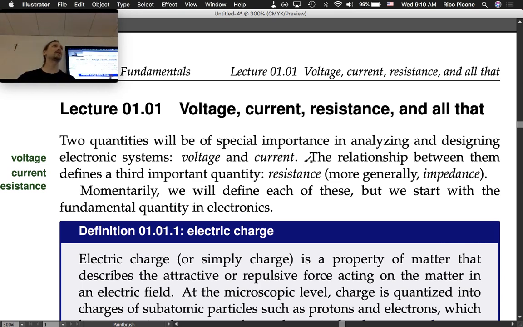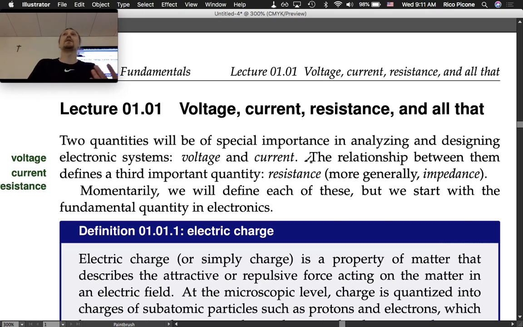We're focused on electronics, right? This first chapter is on the fundamentals, okay? So, voltage, current, resistance, and all that is the first lecture. Two quantities, as you guys know, will be of special importance in analyzing and designing electronic systems: voltage and current. Those are the two variables that we use to describe electricity in circuits.